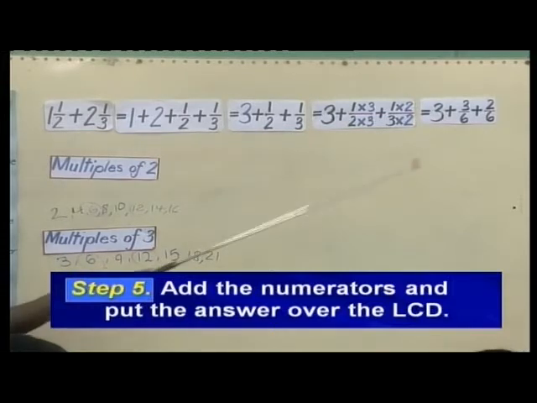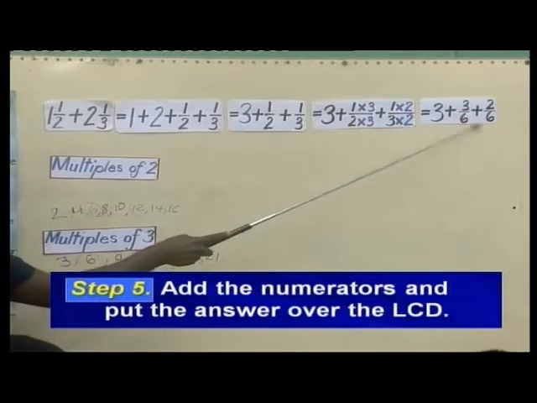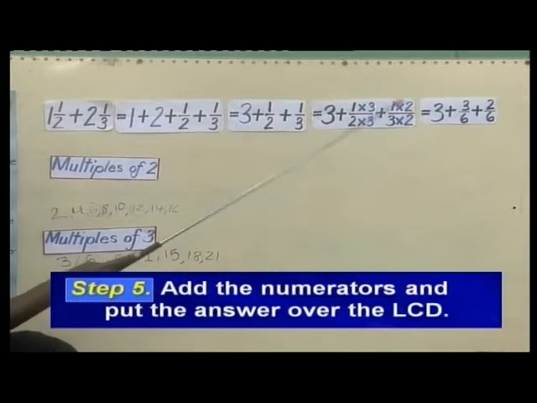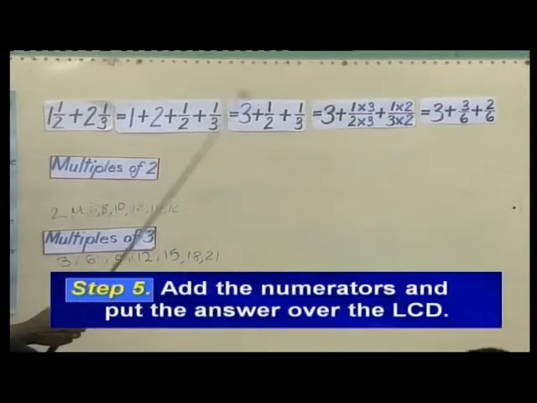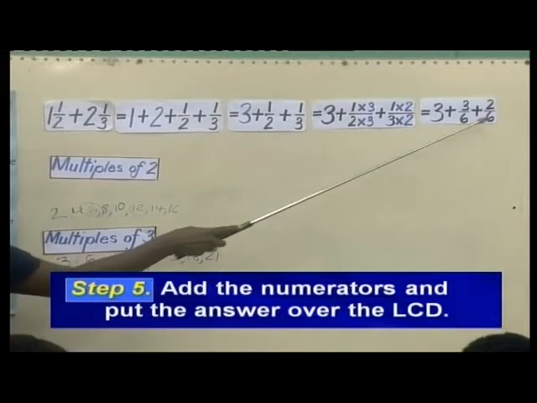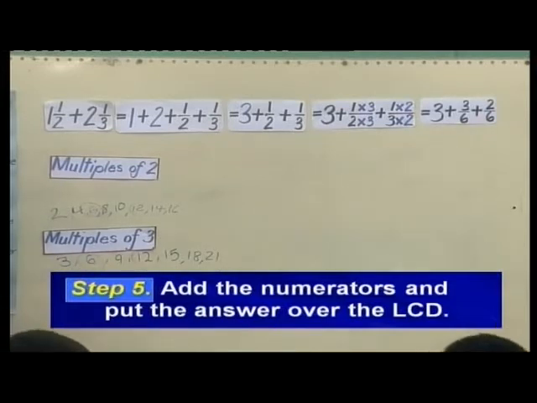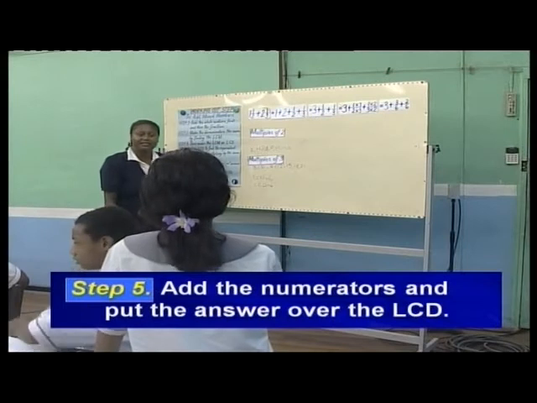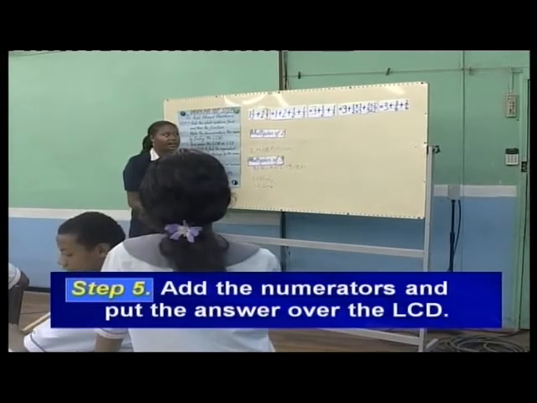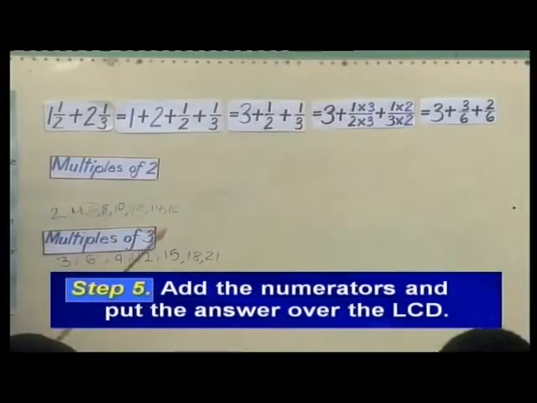Okay, you can see that because we have 6 is, anyone? Yes, Laka? You can see that 6 is, louder please. Same. All right, 6 is the same, so it becomes the common denominator.